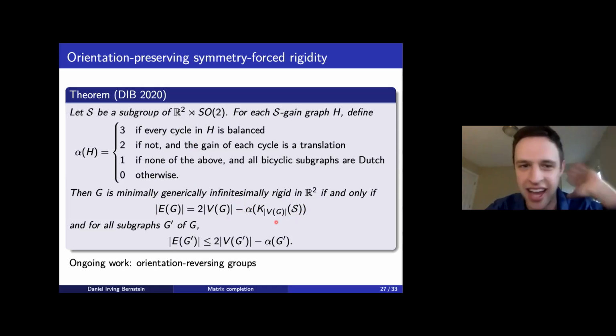Again, I haven't defined half the terms in here. The second condition says that the edges are spread out evenly, and again something related to the group labels on the edges comes into play. You can think of this as a symmetry-adapted version of Maxwell's count.